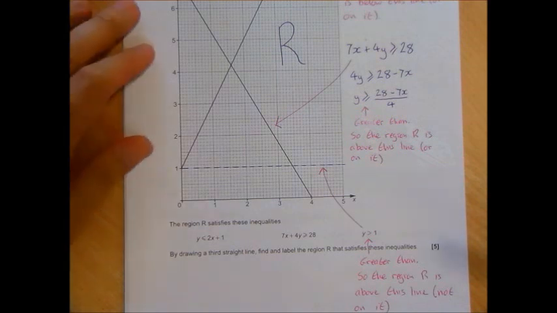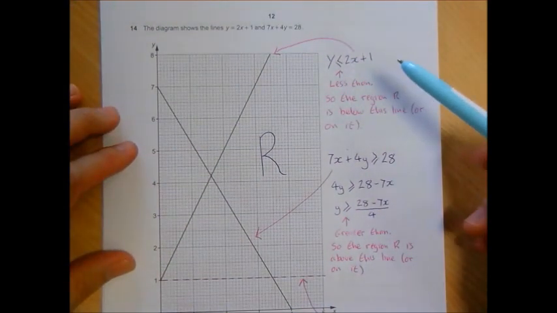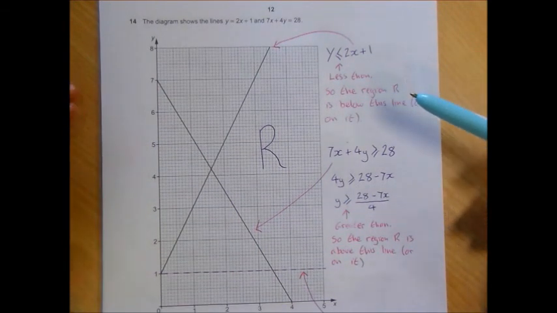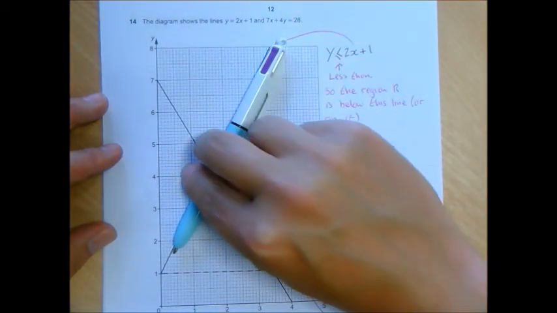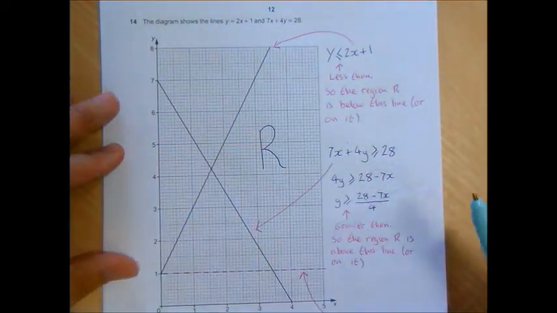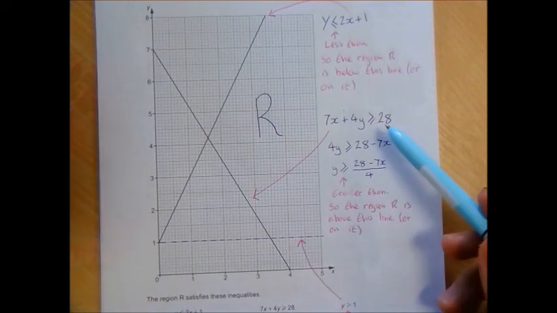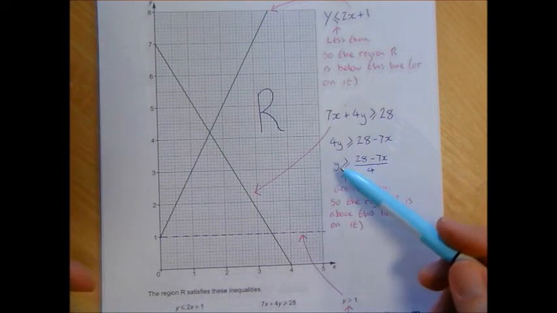Now, let's have a look at what I've done here. So the first one, y is less than 2x plus 1, so if it's less than it, the region R must be anywhere below this line, so anywhere down here. This one here, 7x plus 4y is greater or equal to 28. I prefer it when you've got y on its own.